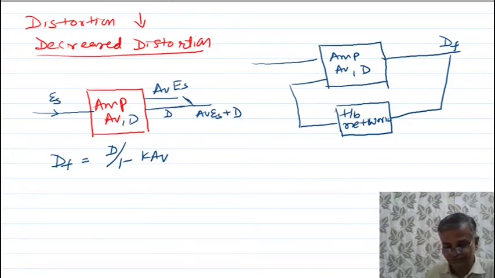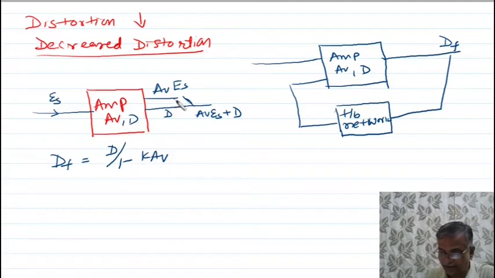Now as you give the negative feedback, the gain of the circuit is reduced by 1 minus KV times.